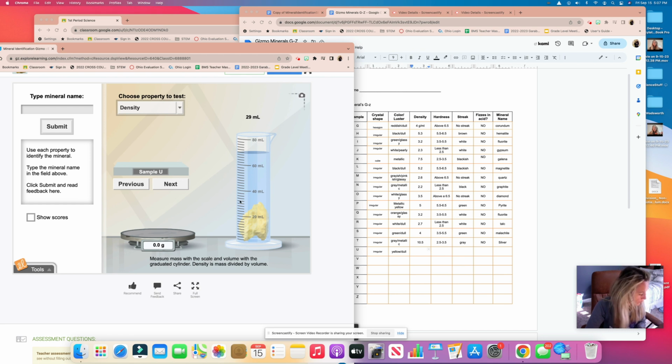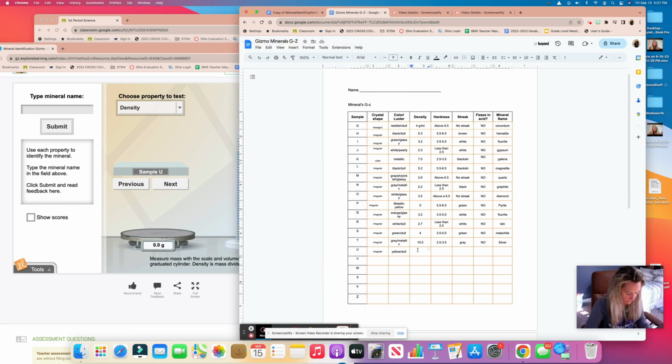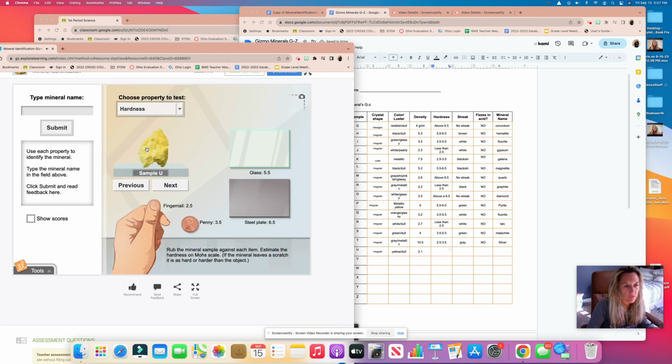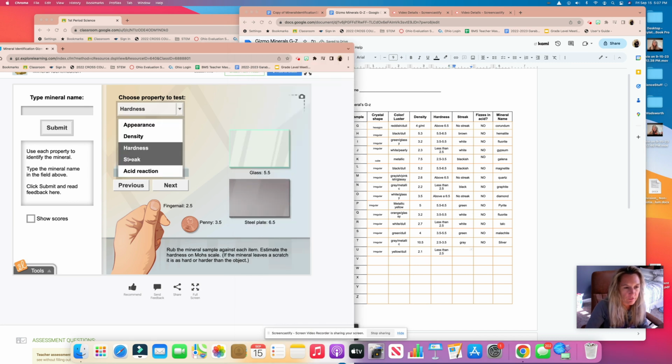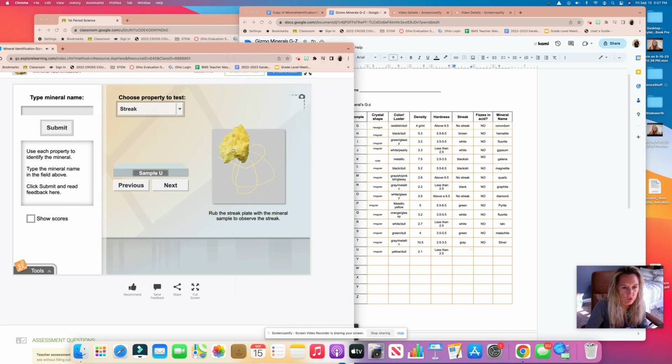Mass divided by volume. We have 2.1. All right, let's do the hardness test. Ooh, does not even scratch the fingernail, so it has to be less than 2.5. Let's try the streak. Streak's yellow.